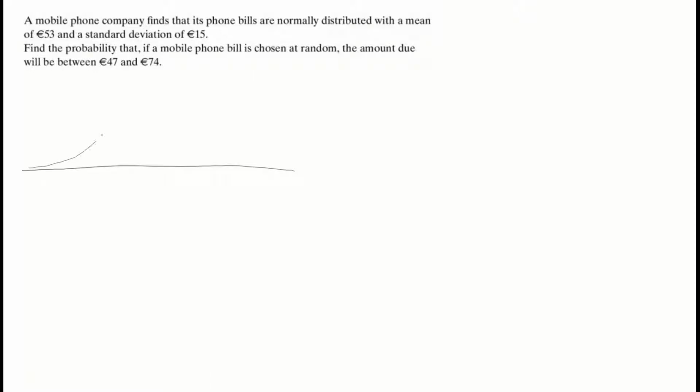So again, I'm just drawing out my normal distribution. I'm marking in my mean, which in this case is €53, and a standard deviation of 15.